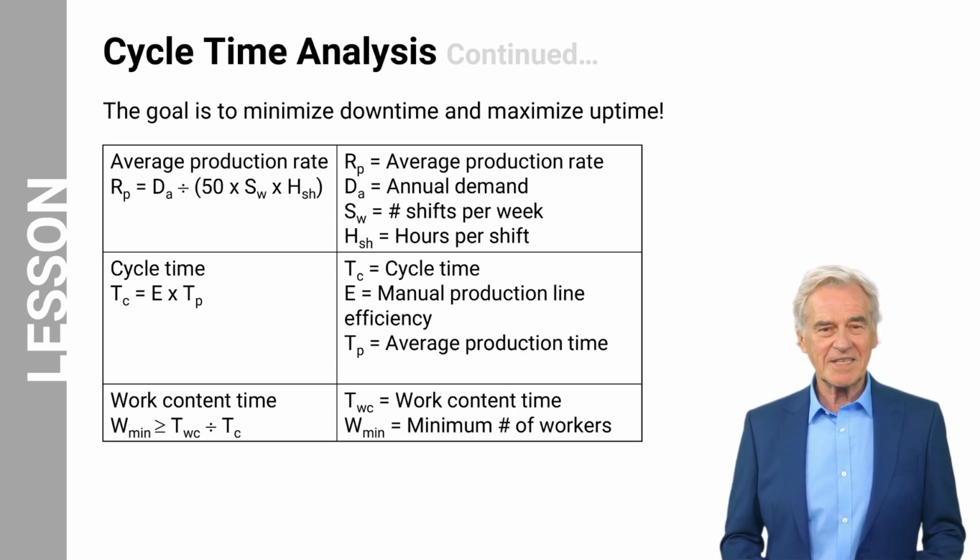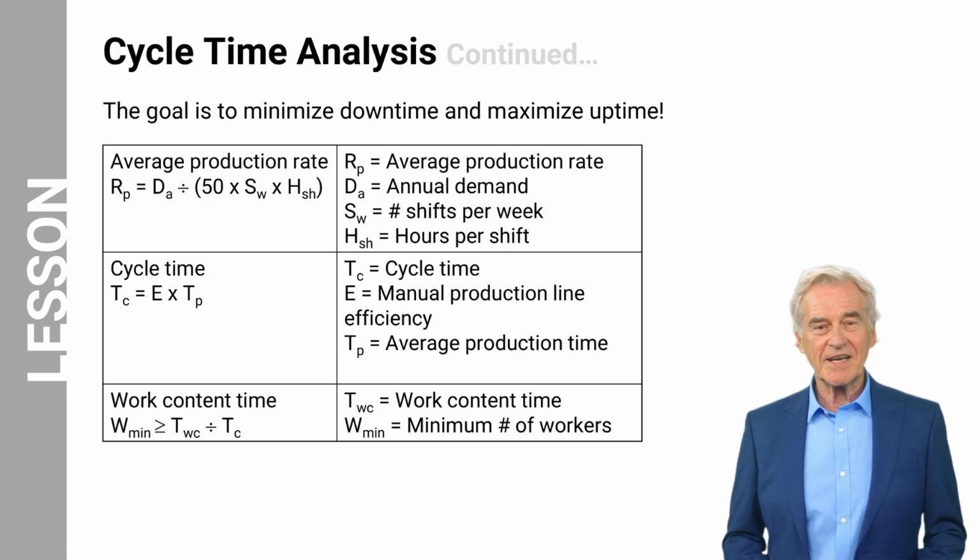Cycle time, TC, provides an estimate of actual production time while factoring in reliability issues, which can include mechanical failures, electrical problems, and power outages. Efficiency, E, is expressed as the ratio of uptime to total time, emphasizing the importance of minimizing downtime and maximizing uptime among the production team.